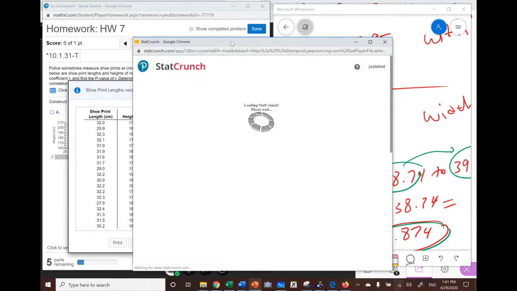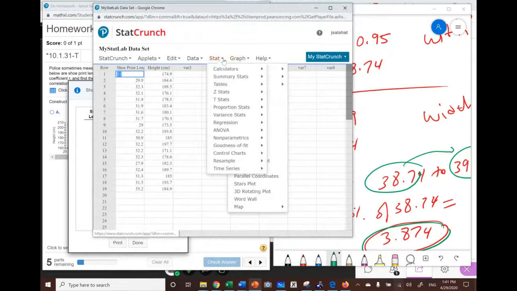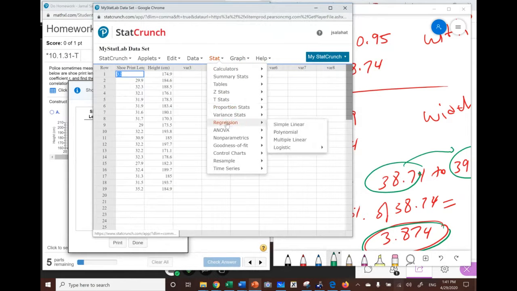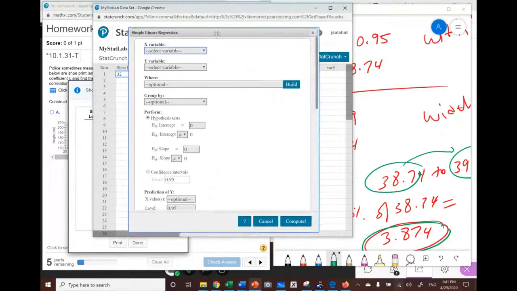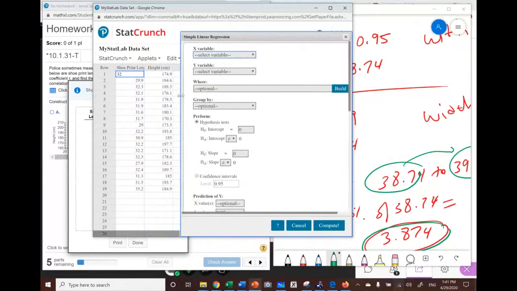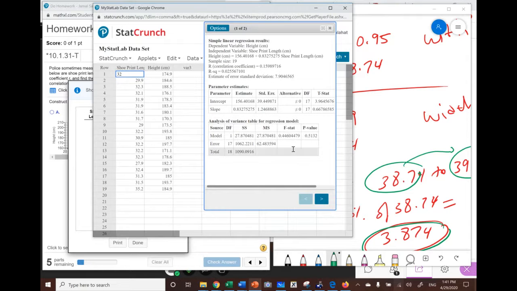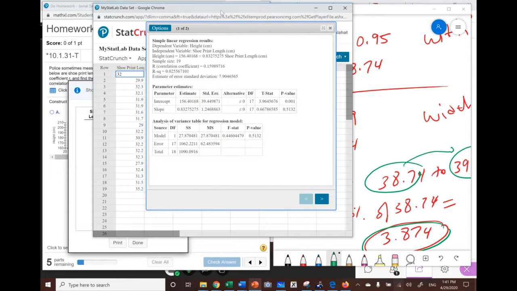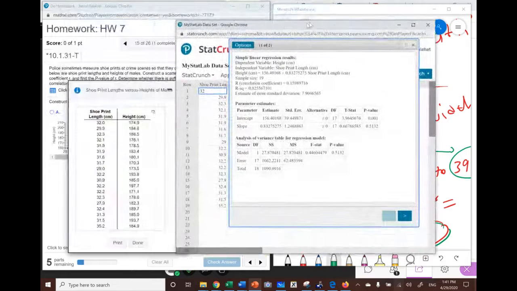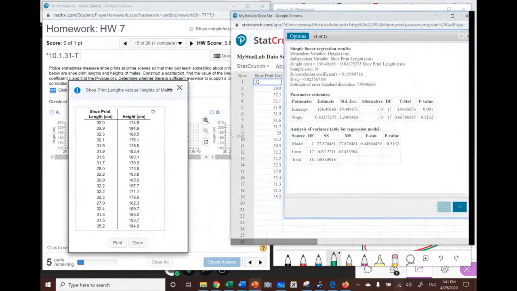Open StatCrunch, then go to Stat, and go to Regression, and go to Simple Linear. And notice that in here, we know the shoe print that is given, and we want to predict the height. That is what we're trying to predict. Now, I'm just going to do those two things and hit compute. And there is a wealth of information here that I'm going to show you what we're going to need it for. So let me go here and try to answer the problem as we go.